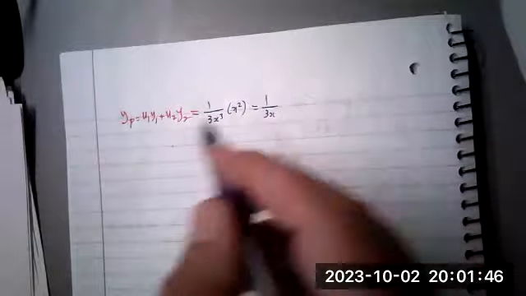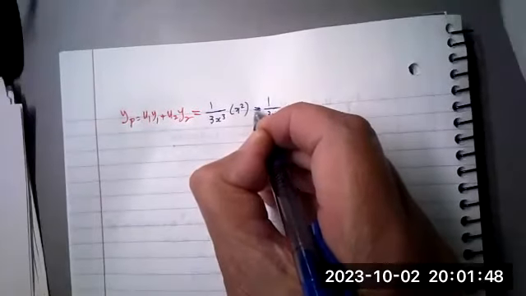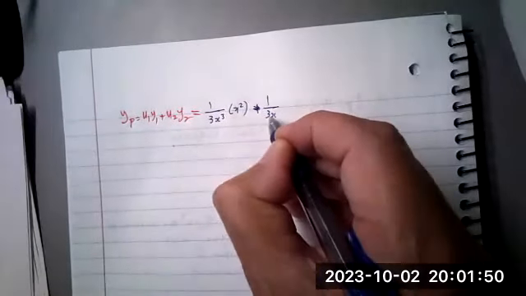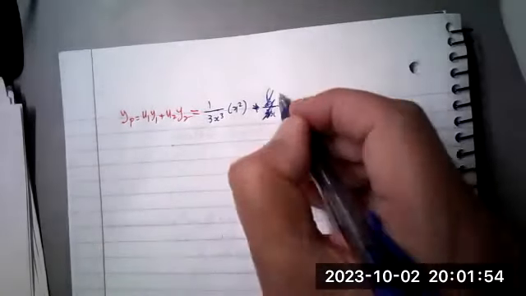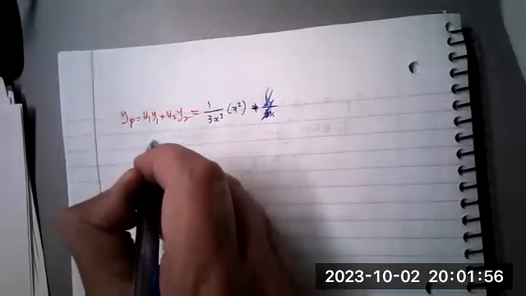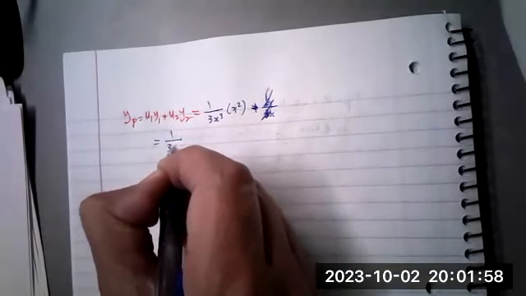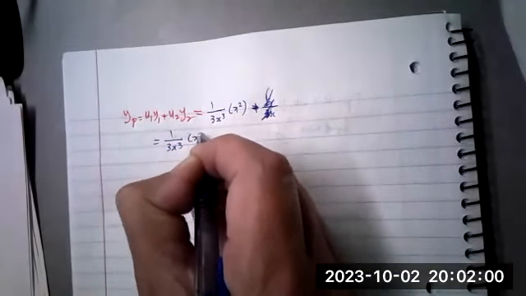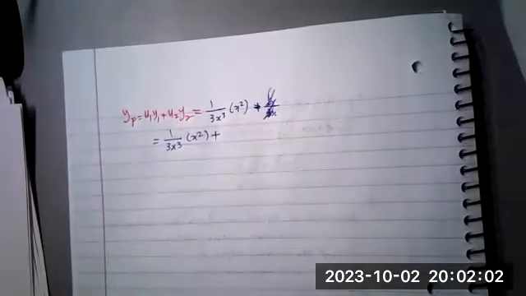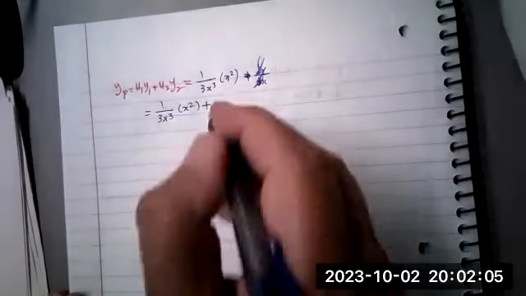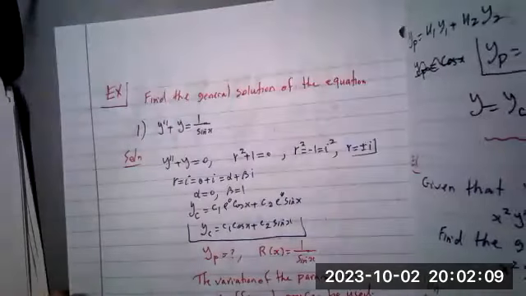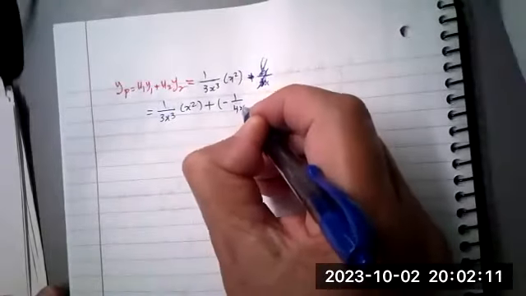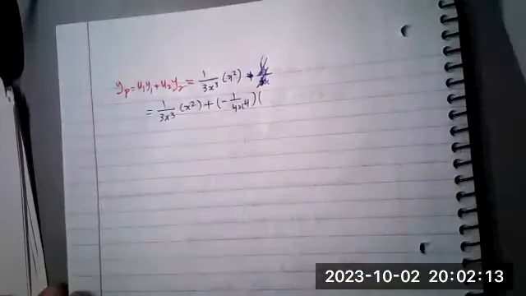Oh, I'm sorry, I forgot to continue. Plus u2 y2. What's u2? Negative 1 over 4x to the 4th, times y2, x cubed.